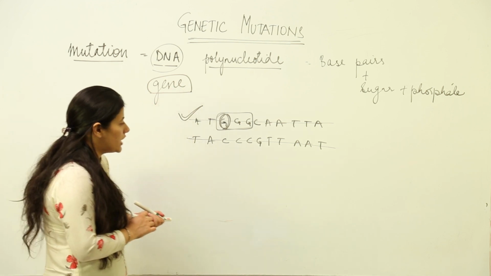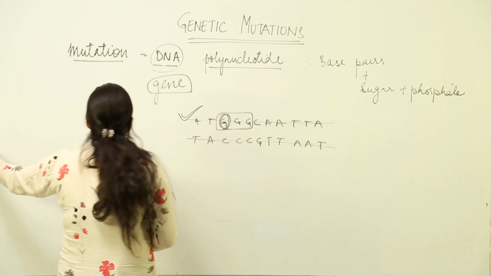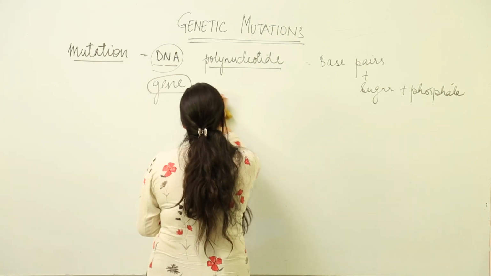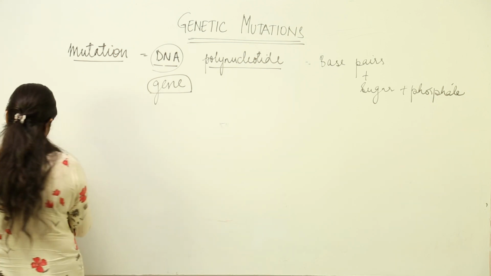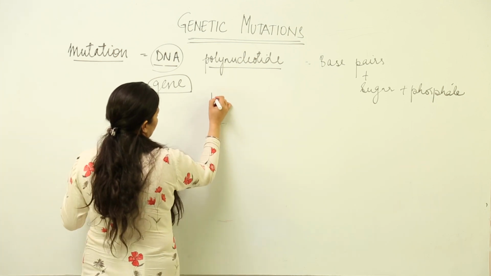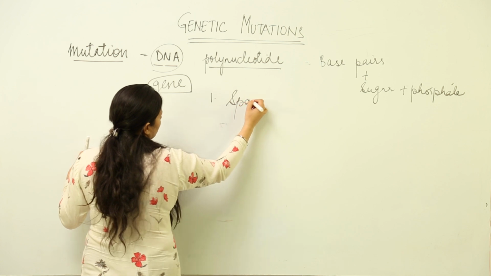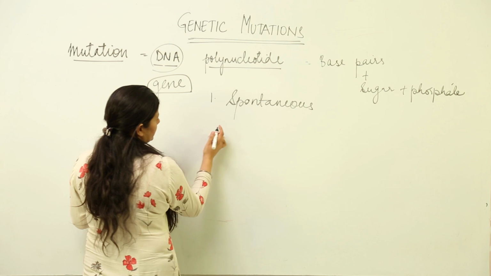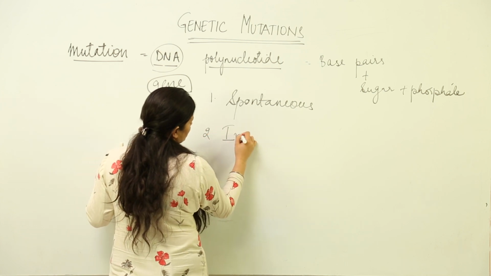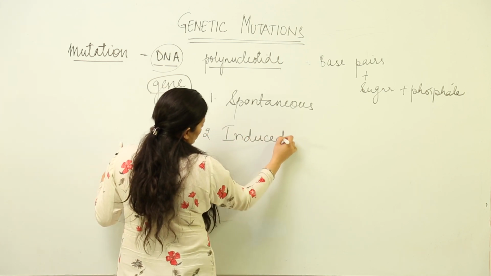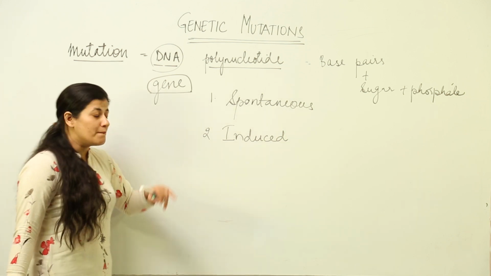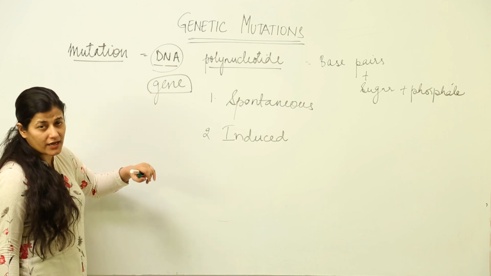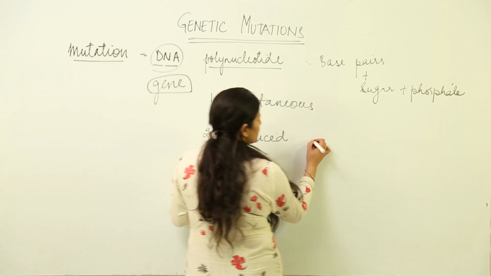Now, the mutations are of two types. One is spontaneous and the other is induced. As the name suggests, one would be occurring naturally at the biomolecular level, and one would be that type of mutation which would be brought about deliberately by subjecting the genetic material or the cell to some sort of mutagen.